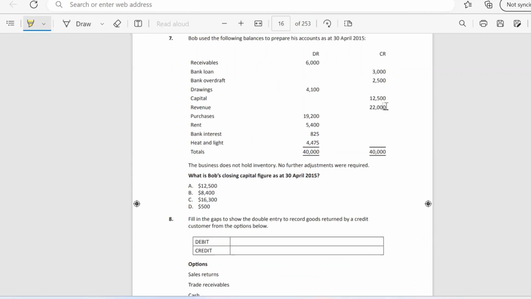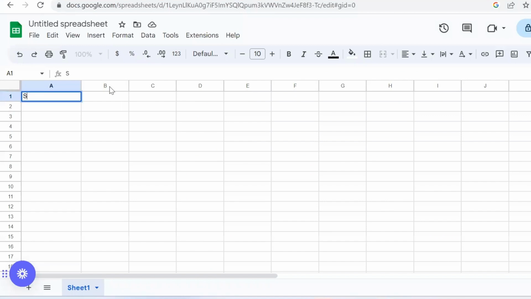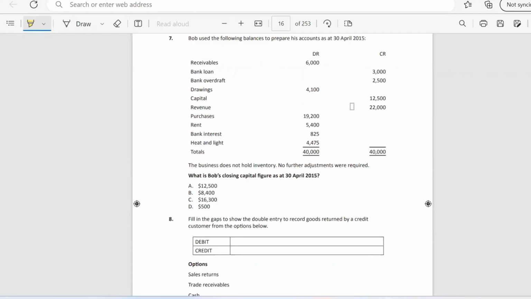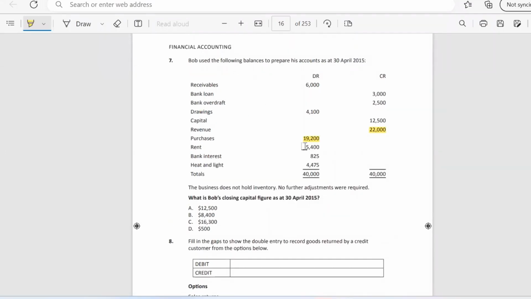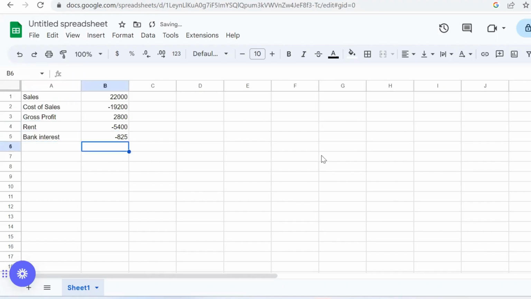Here is sales, cost of sales, and our gross profit will be the difference, and also other expenses such as rent, bank interest, and heat and light. If we sum it up, we get the result of the financial statement. There would be a loss.